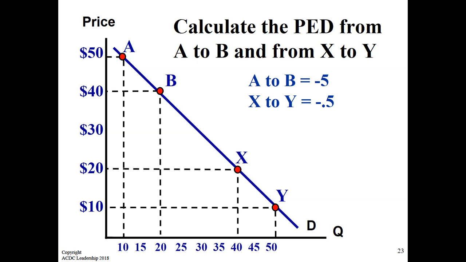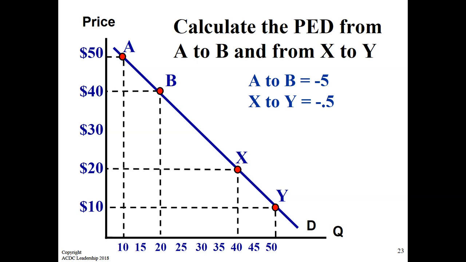The new price is Y at $10, minus the old price, which is X at 20, over the old price, which is 20. So you end up with 10/20ths, which is 50%. So you've got 25 over 50, you get 0.5.